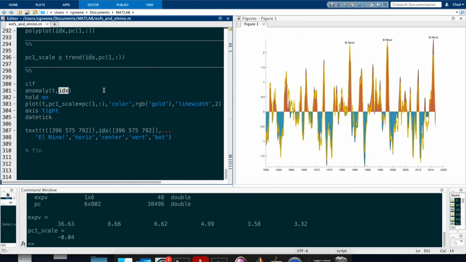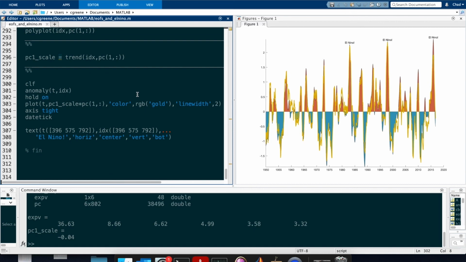Okay, and here we have the anomalies plotted with the blue and red shading, and those are the ENSO anomalies. On top of that, I've plotted the scaled first principal component from the EOFs. And what you should see is that they do agree quite well. They are really just two different ways of measuring the same thing.